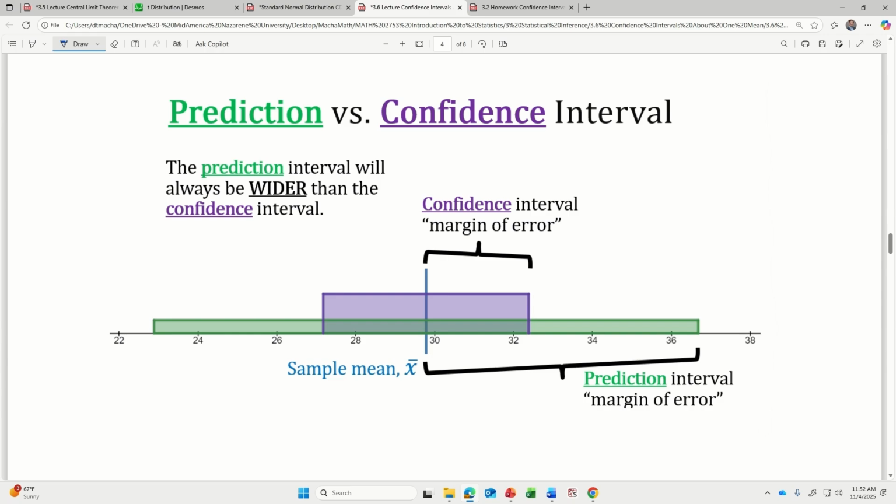The confidence interval is saying, by following this procedure, 95% of randomly selected samples will give me a confidence interval containing the population mean. So confidence intervals end up being smaller than prediction intervals.